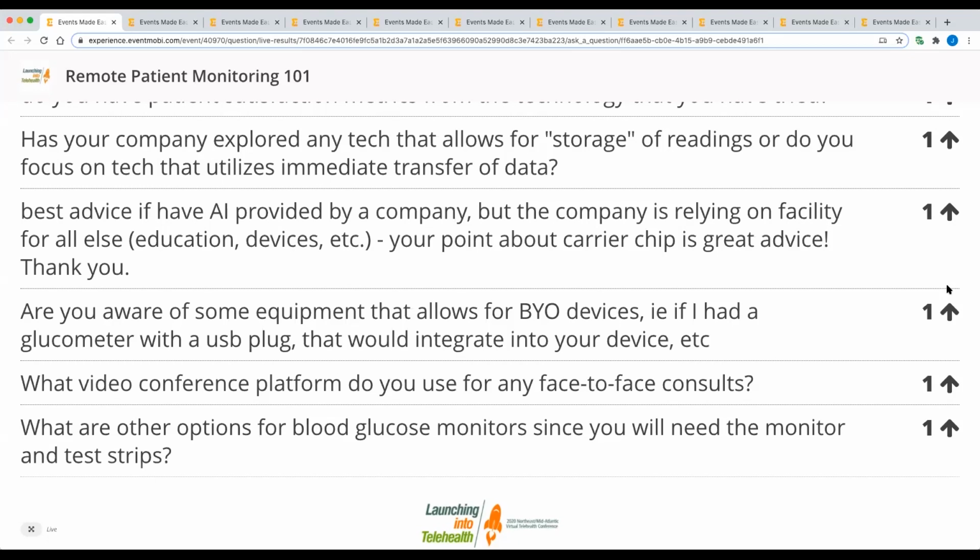All right, what other options for blood glucose monitor, since you will need to monitor and test strips? What are the other options?